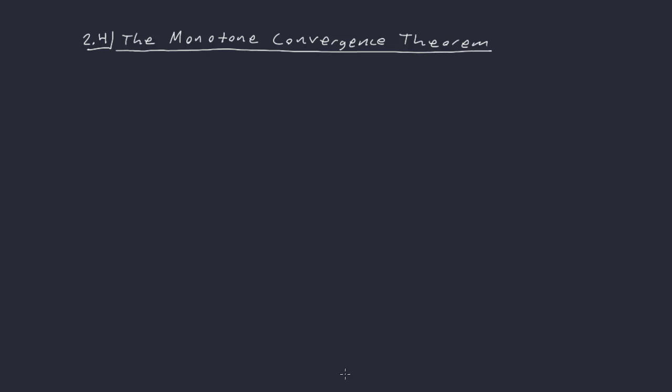The first one is, if it's increasing and bounded, then it has to converge. Or if it's decreasing and bounded below, then it has to converge. So let's first give official definitions for those and talk about what we mean by monotone.